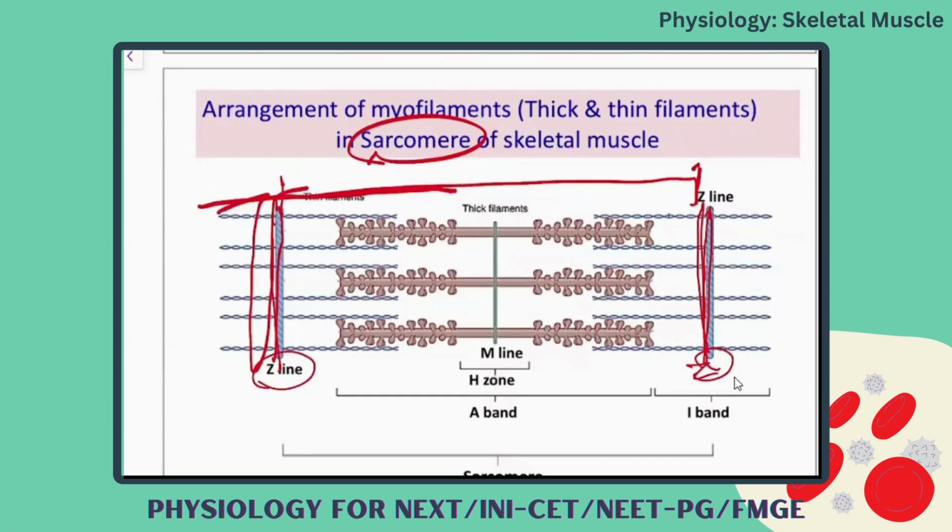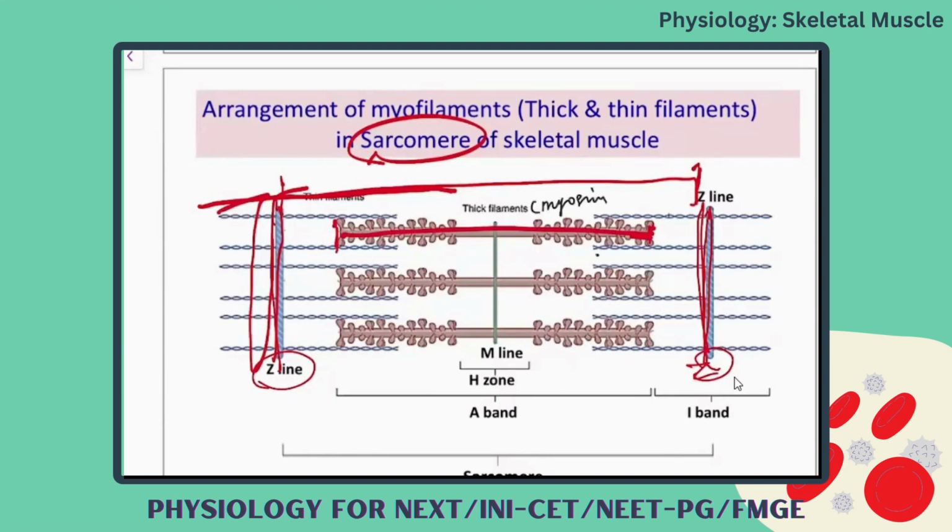This is what is called the thick filaments. This entire structure in the center is the thick filaments. Thick filament is made up of myosin.